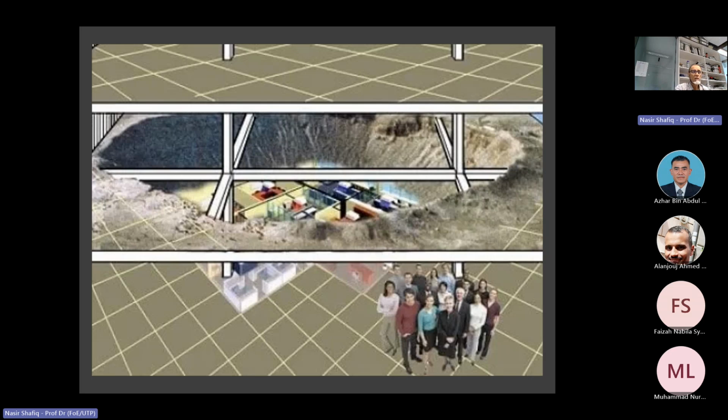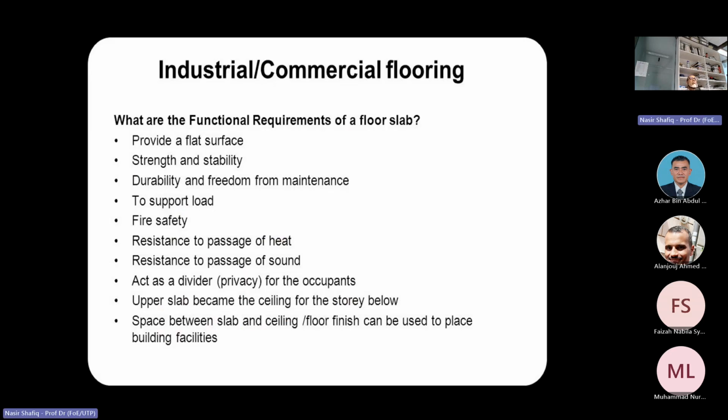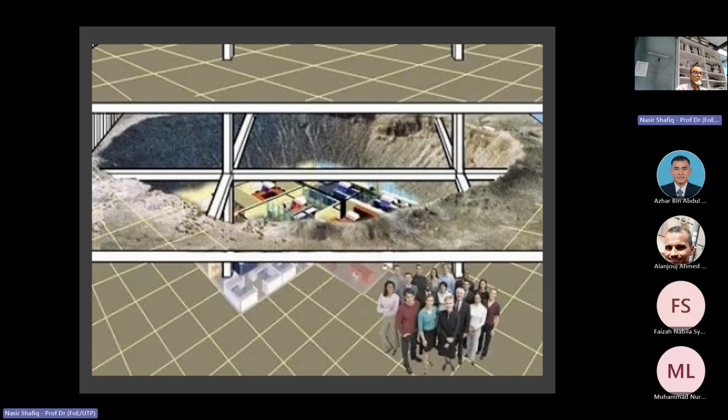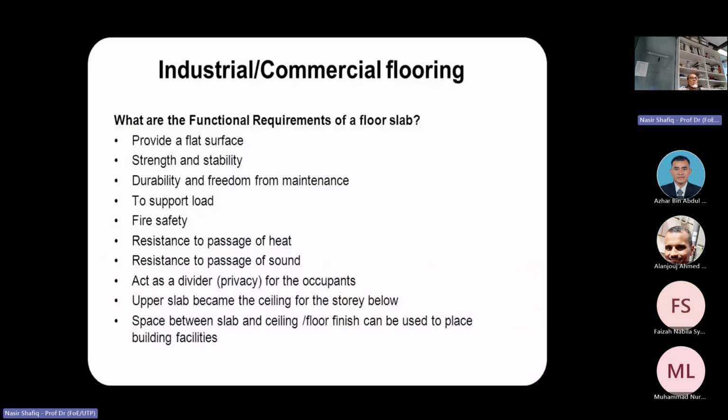So, for example, the previous picture of this flooring, if we take this example. What is industrial or commercial flooring? What are the functional requirements of a floor slab, so that people get a flat surface?